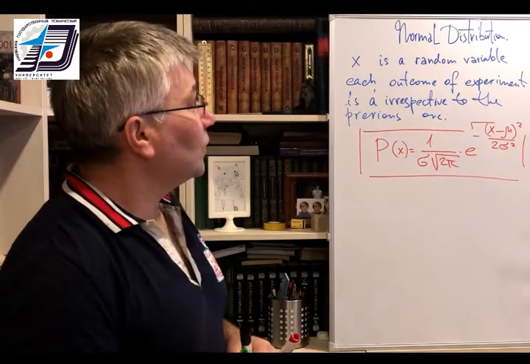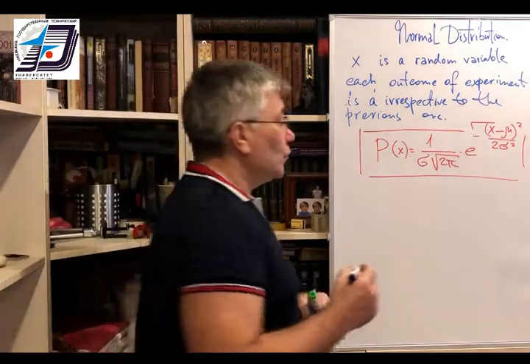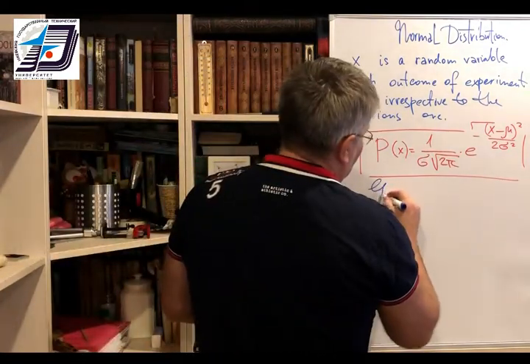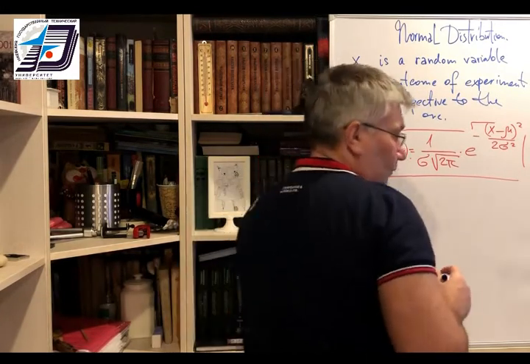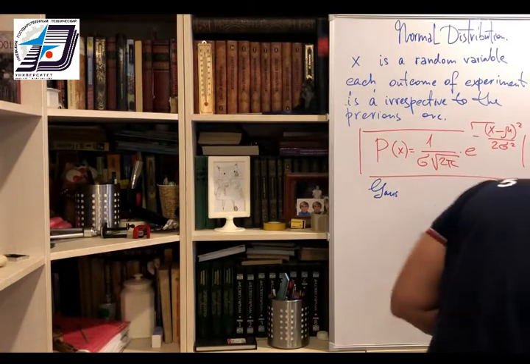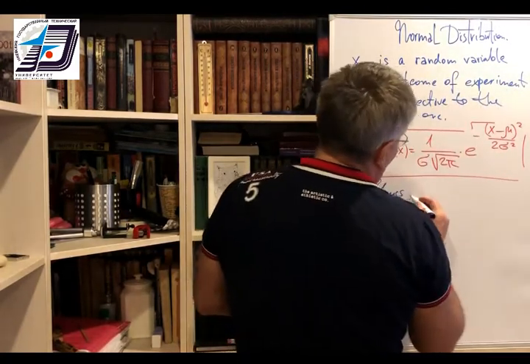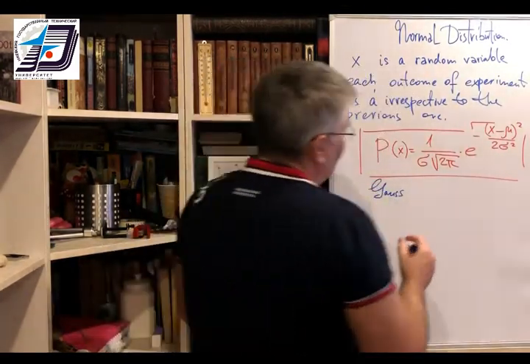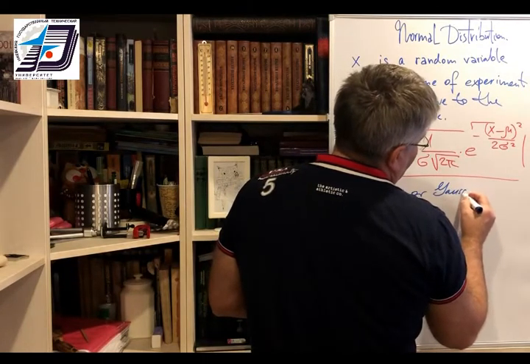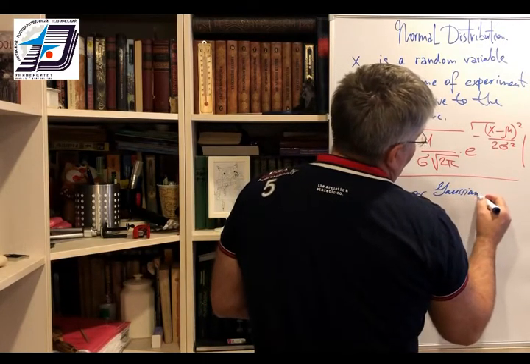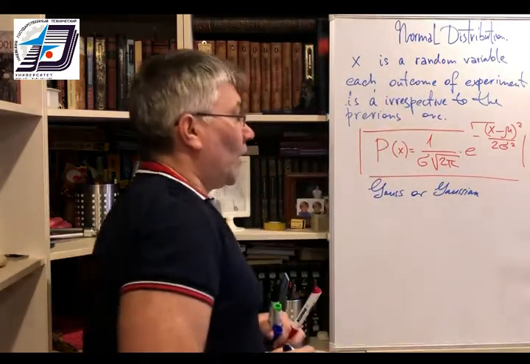Some people say the normal distribution is a Gauss distribution, or Gaussian distribution.